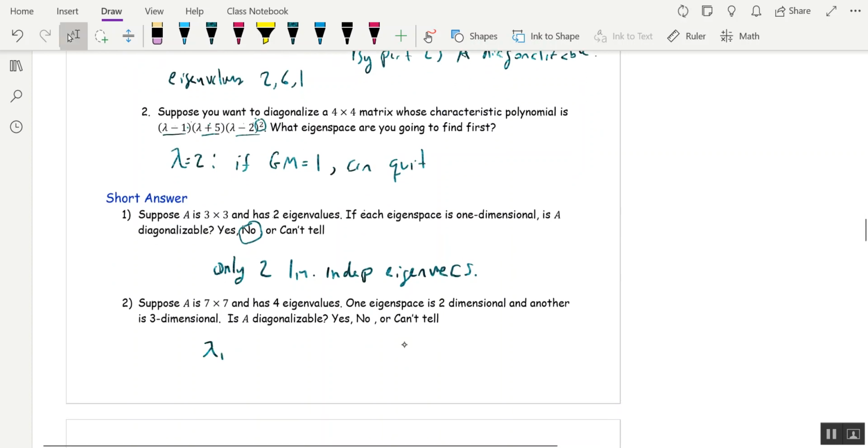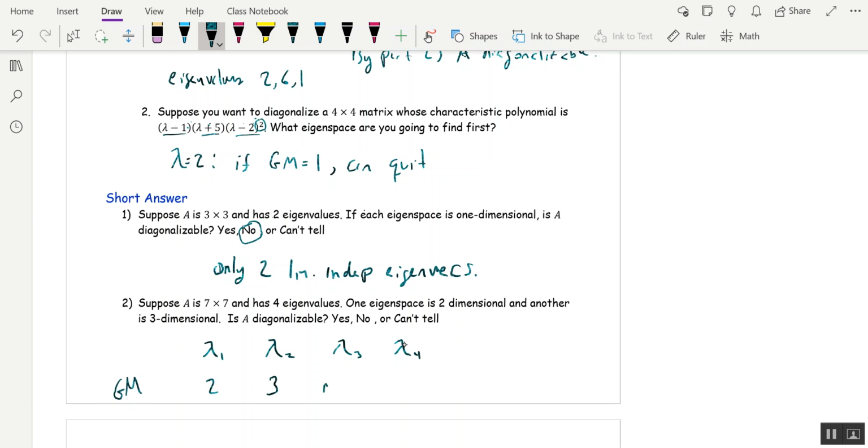Suppose A is 7 by 7 and has 4 eigenvalues: lambda 1, lambda 2, lambda 3, and lambda 4. One eigenspace is 2-dimensional. You're told that. These are the GMs. Another is 3-dimensional. Is A diagonalizable? Well, you've got 2 here, you've got 3 here.